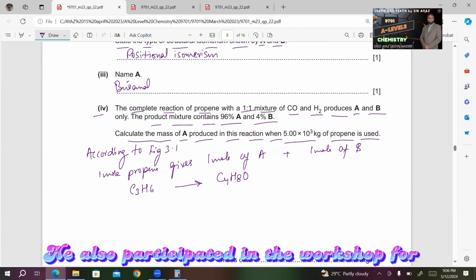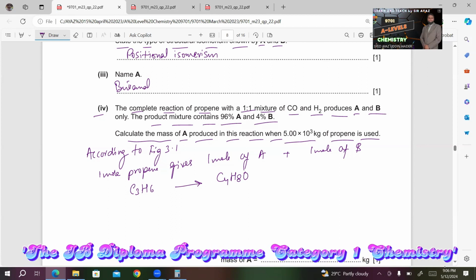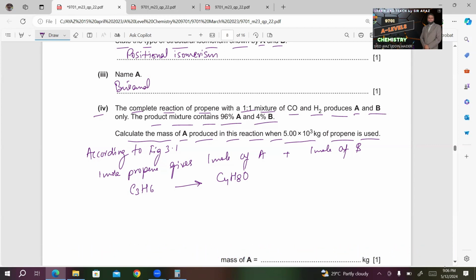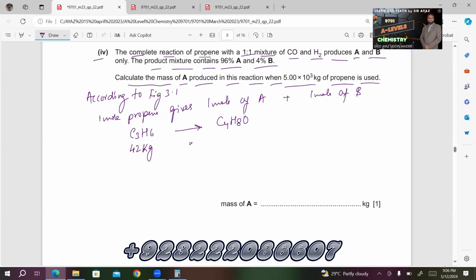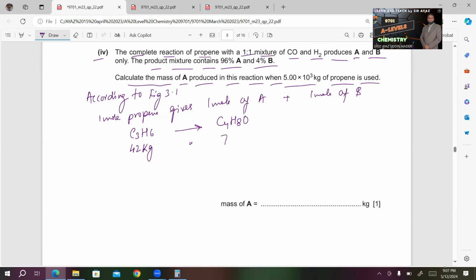So if you calculate the Mr, we need to calculate the Mr of C3H6 and C4H8O, and we will express this in kilograms. So for propene, it's 42. So I will write 42 kilogram gives, what about butanal? It's 72. I will write 72 kilogram.